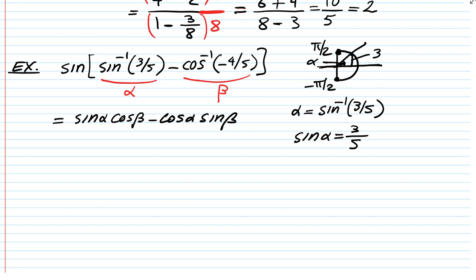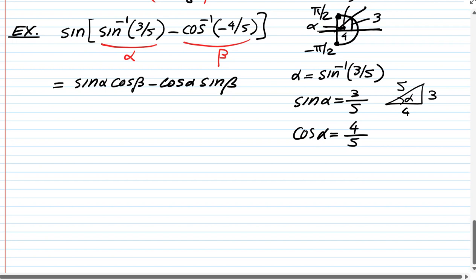So this is 3 and that is 5. So that means the side is 4. There you go. You can draw it this way too. Here's 3, that's 5. This should be 4. And this is alpha. So we have sine. Now I can get cosine of alpha from the triangle, x over r, 4/5.